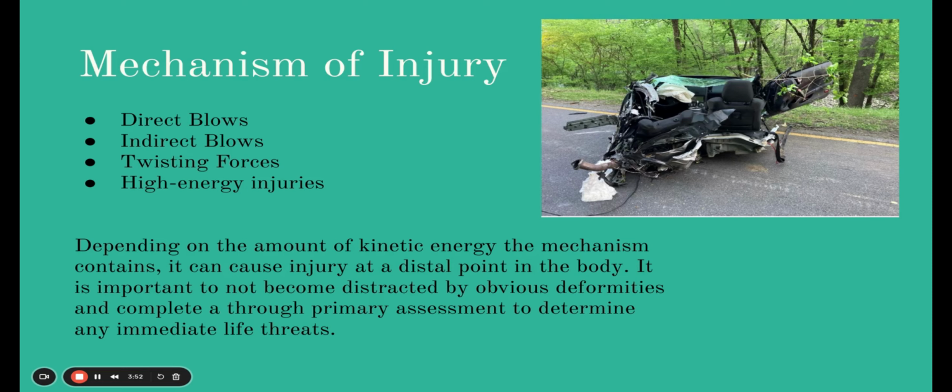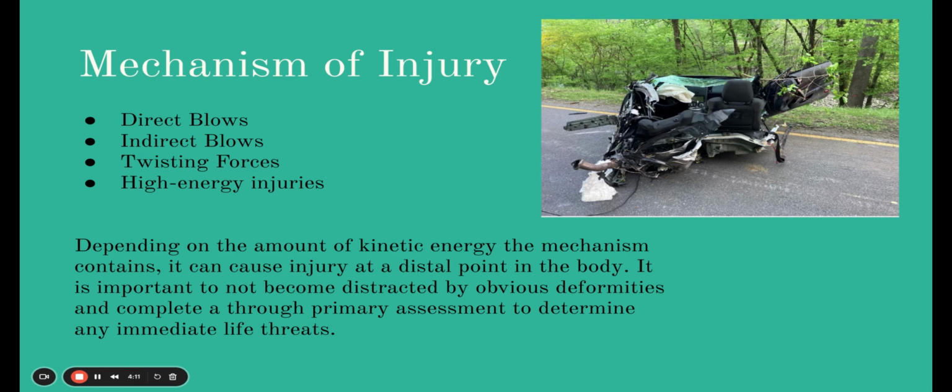So there are many different mechanisms that can cause injury to a patient that would cause an orthopedic injury. There can be direct blows, indirect blows, twisting forces, high energy injuries.